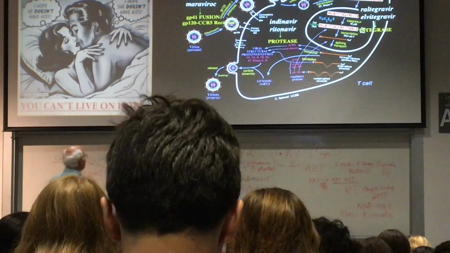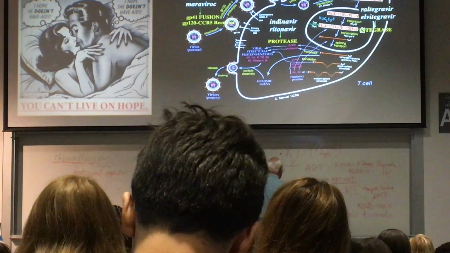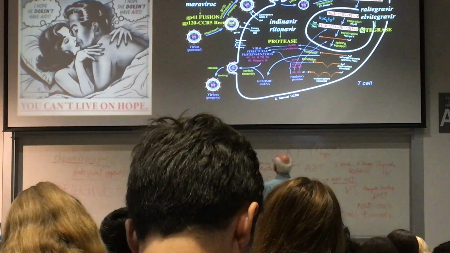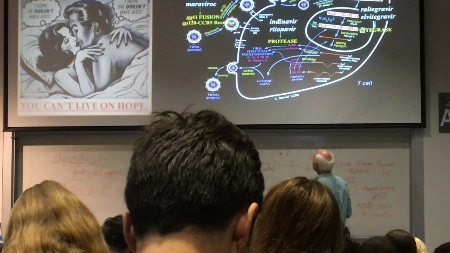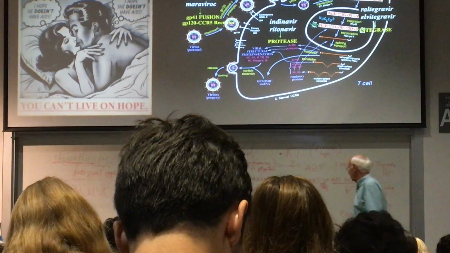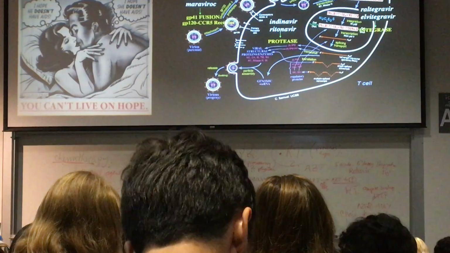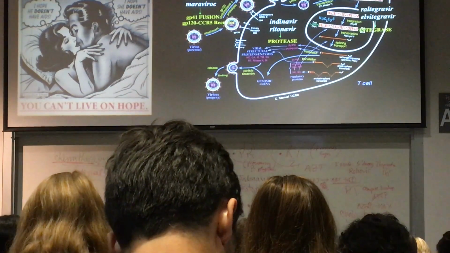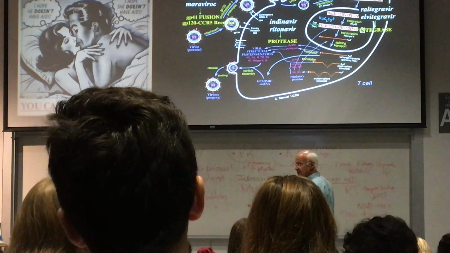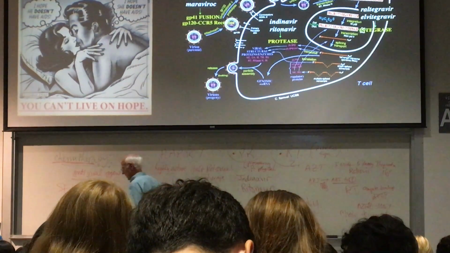And then the most recent inhibitors are entry inhibitors. And so there's an inhibitor that targets the gp41 protein, the fusion activity. So there's a fusion inhibitor. And there's also an inhibitor that blocks the interaction between gp120 and the chemokine receptor.